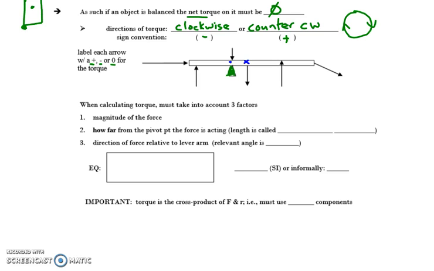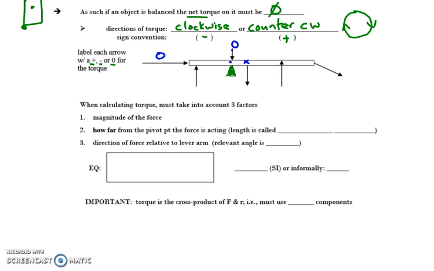If I look at this leftmost arrow, if I extend the line, it passes through the pivot point, so there's 0 torque due to that. That's simply a linear force. If I go clockwise, and look at this force, it also passes through my pivot point, so there's 0 torque due to that. It's not going to try to turn it because it's passing right through the fulcrum.